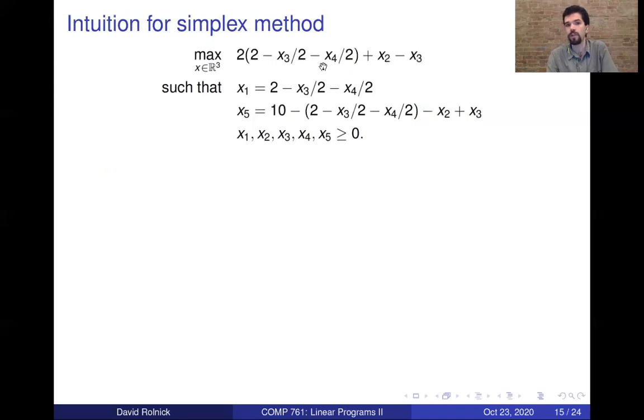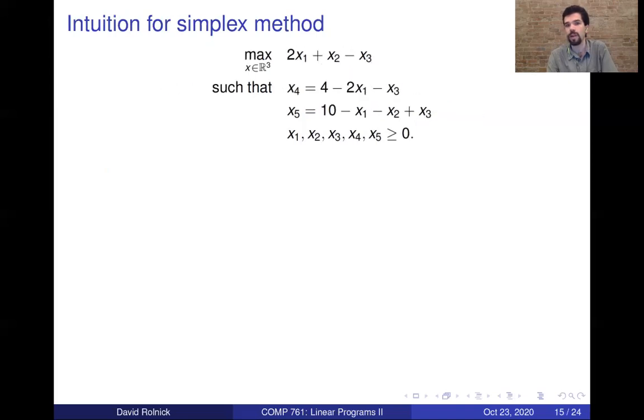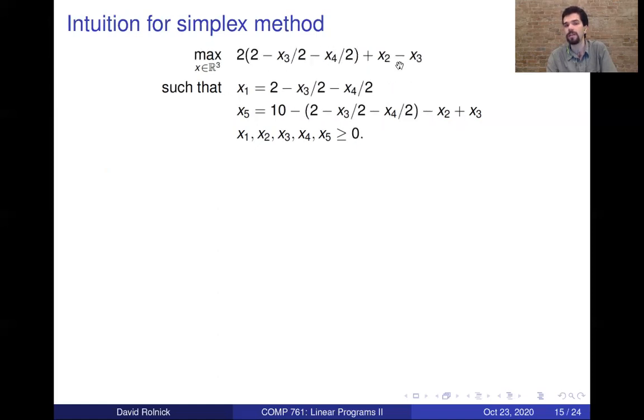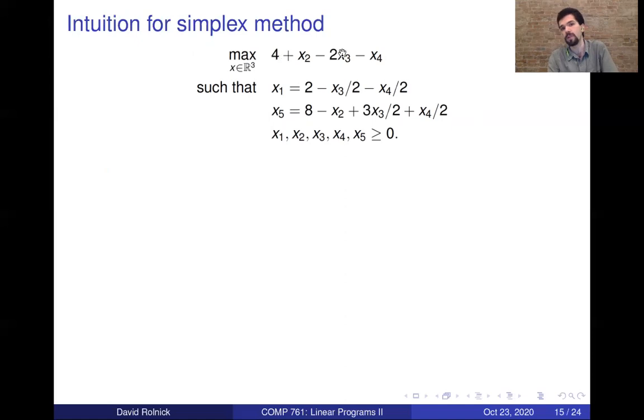Because we did this substitution, remember here we started out with this. We knew we could increase x1 to 2, and that would cause x4 to drop to 0. If we increased x1 to 2, that would also increase the objective function to 4. And indeed, now the objective function is 4 plus 0 plus 0 plus 0.